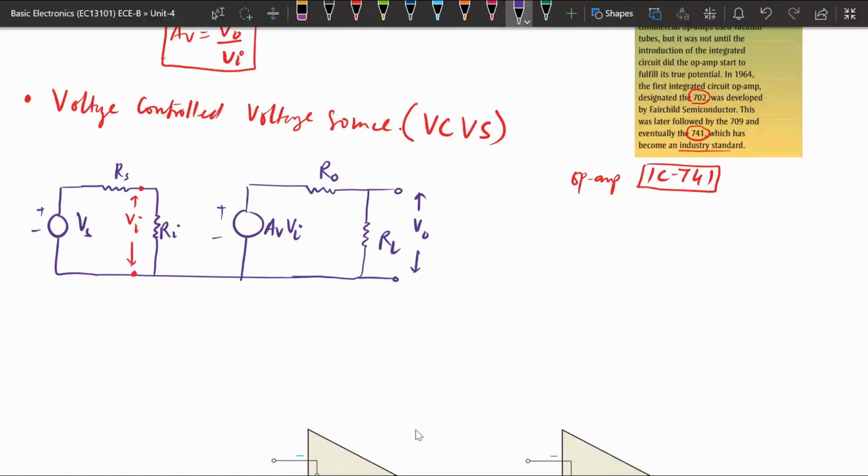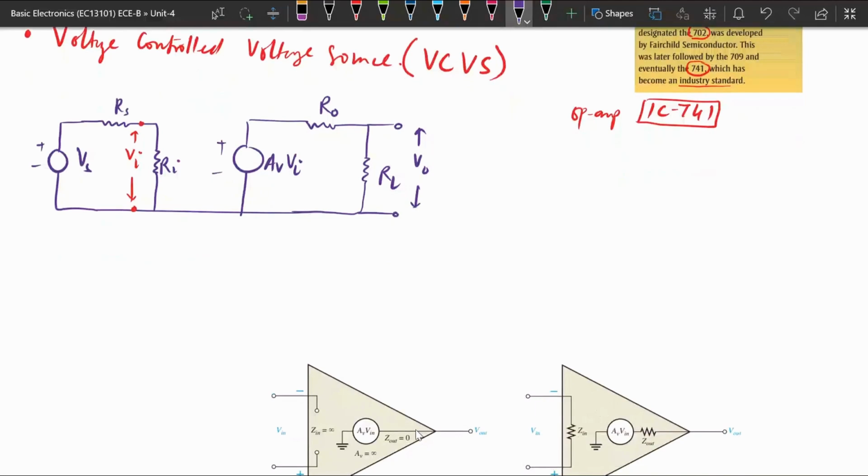From there, R input here is the input resistance and R output is the output resistance. AV is the gain of the voltage amplifier. As we said, the operational amplifier is a voltage amplifier, where the input resistance is very high. Suppose it is an ideal one, so the input resistance is infinity.